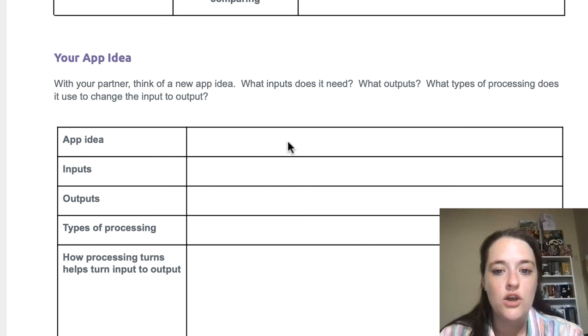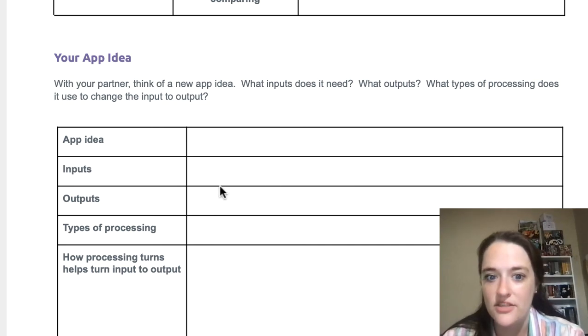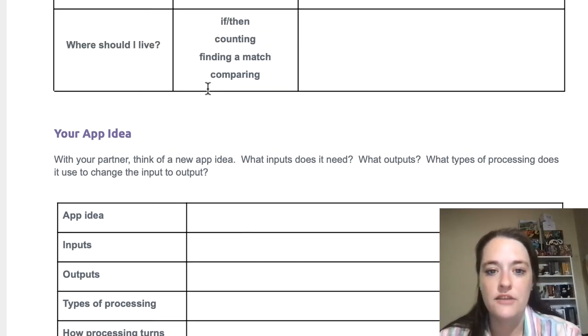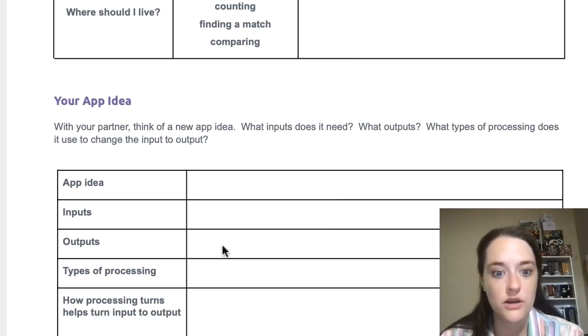Okay, so you're going to put your app idea here, the inputs, the outputs. Is it asking for your age, like in the birthday thing? Is it saying if you're right or wrong? What types of processing is it doing? If then, counting, finding a match, comparing, one of those, more than one of those.